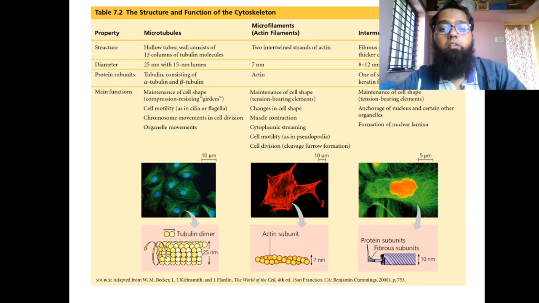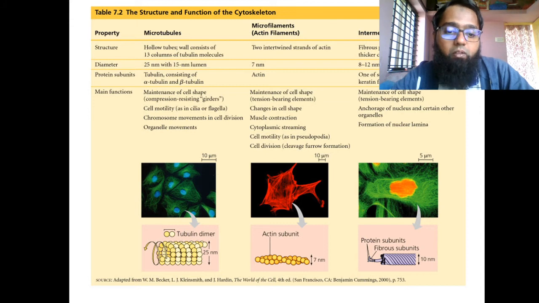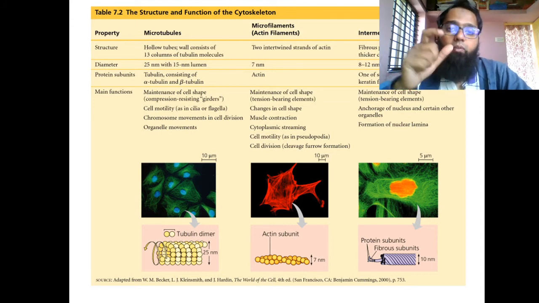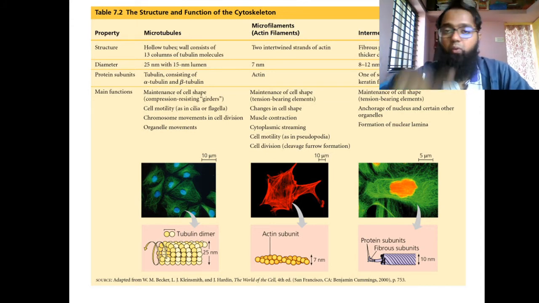Later the structure is also shown in the form of electron micrograph colored photographs, actually fluorescent photographs. And the protein subunits are shown with the help of an animated structure. When coming to the structure, the largest cytoskeleton is the microtubules, the smallest is the microfilaments, and the intermediate is the intermediate filaments, as the name goes.